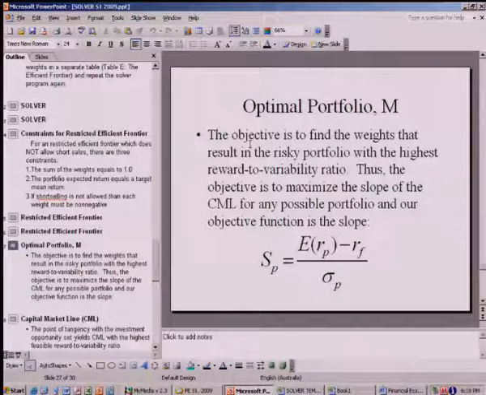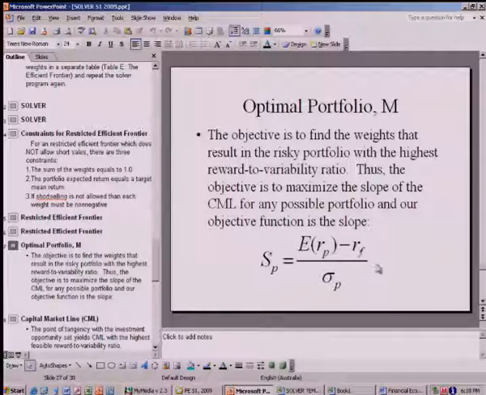So to find that, you will use the formula for the Sharpe Ratio. And the Sharpe Ratio, you probably know, will tell you the maximum slope of your capital market line that is going to be tangent to the efficient frontier.